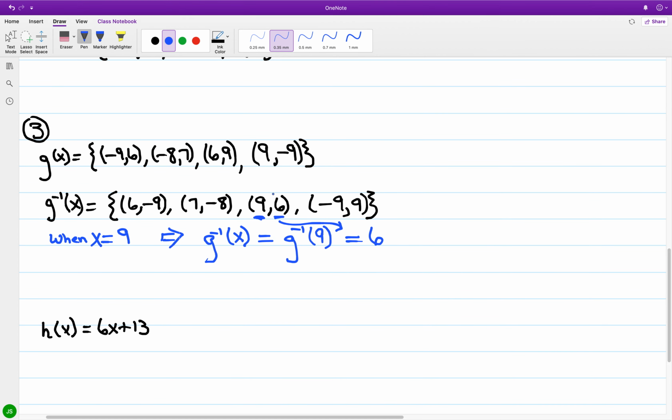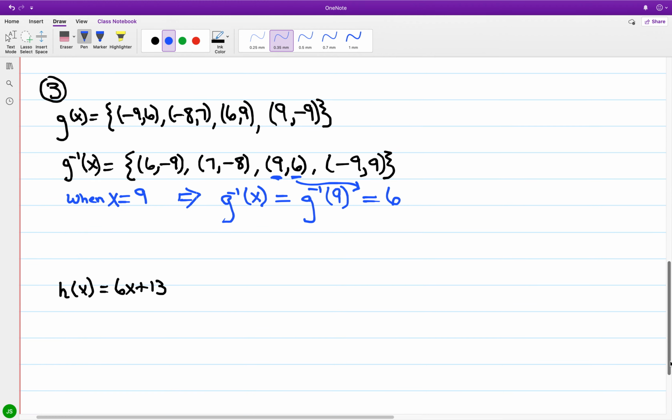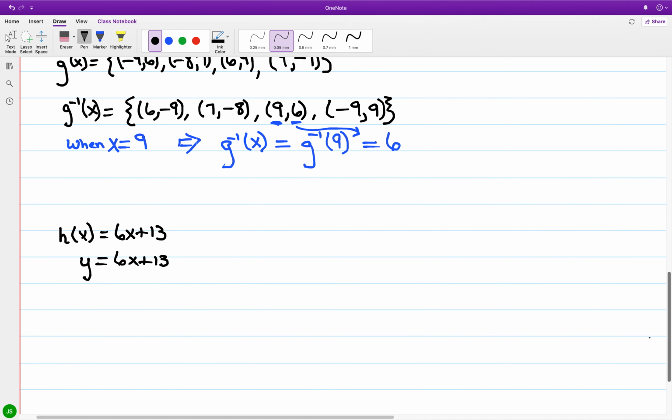Now, for the second part, we're looking at h of x equal to 6x plus 13. And it says to find the expression for the inverse. So we have h of x, which is functional notation for what we otherwise say is y. To say that h of x is equal to 6x plus 13 is the same as saying y is equal to 6x plus 13 in the x and y coordinate system.